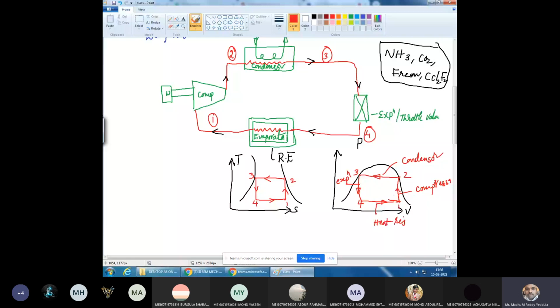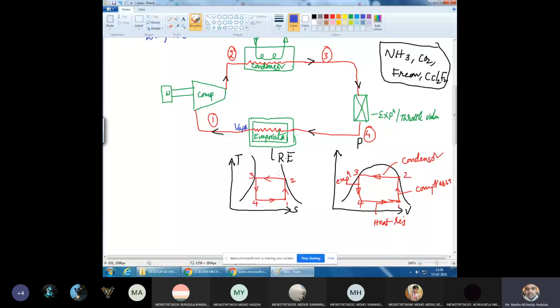The refrigerant leaving the evaporator is in the form of vapor. 4 to 1 is heat addition to the refrigerant, and heat rejection with respect to the system.